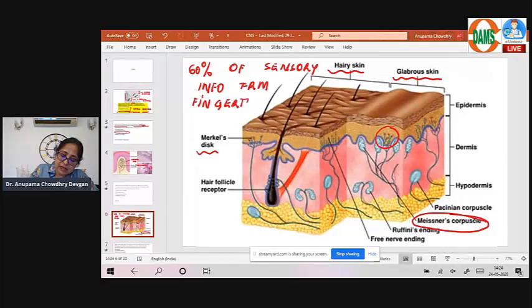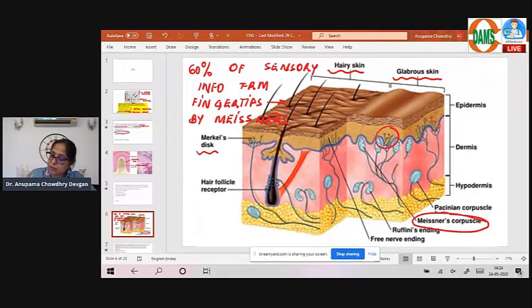So Meissner's, like I told you, if you are asked a question on texture, topognosis, and even fine touch, your better answer is Meissner's. Even though Merkel's is present in glabrous skin, Meissner's, 60%, like I said, of the sensory information from the fingertips is from Meissner's. Okay? All right. So this is as far as your Meissner's is concerned.